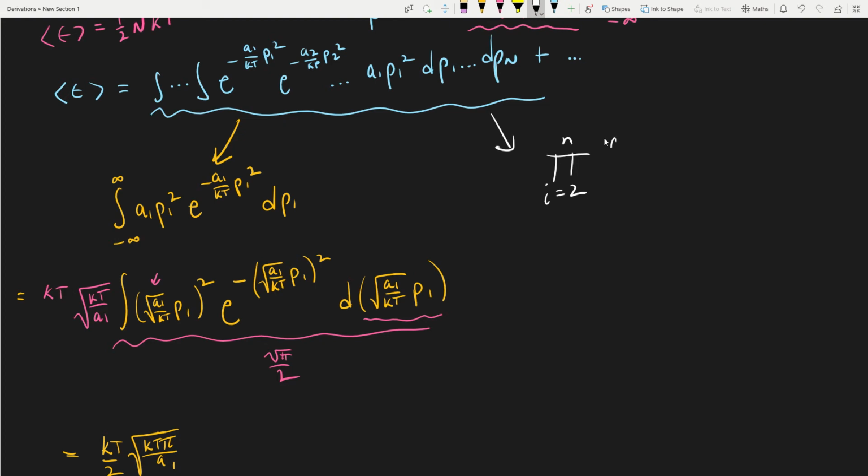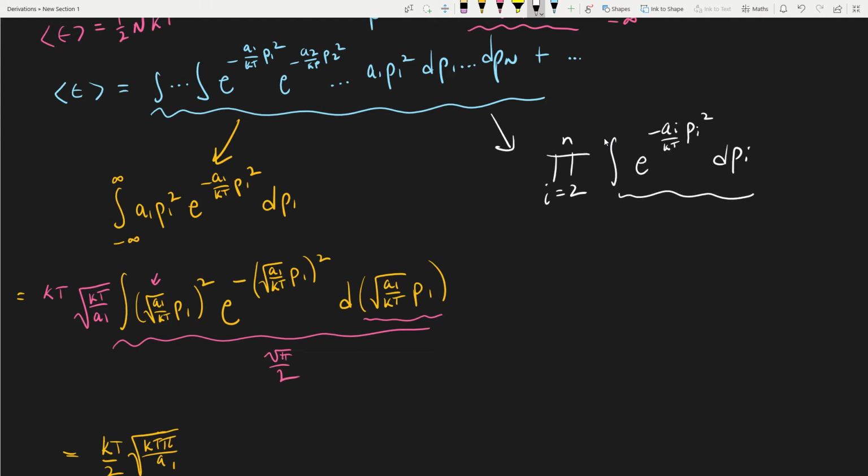It's actually this integral repeated all of these times, okay? So it's going to be e to the negative ai over kT pi squared, and then just dpi. So the product of terms of all of these integrals is the other piece.